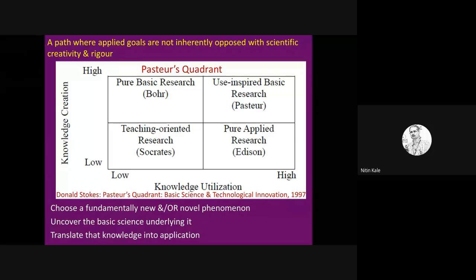The knowledge creation is very high, but utilization, at least in his times, now of course there is some work, but at least in his times, there was hardly any immediate utilization of the knowledge that he had created. The fourth example is from Louis Pasteur. Pasteur is use-inspired basic research, where knowledge creation and utilization are both very, very high.